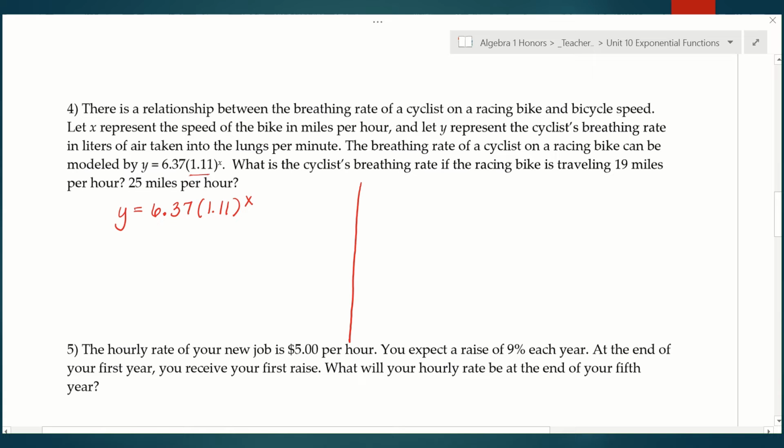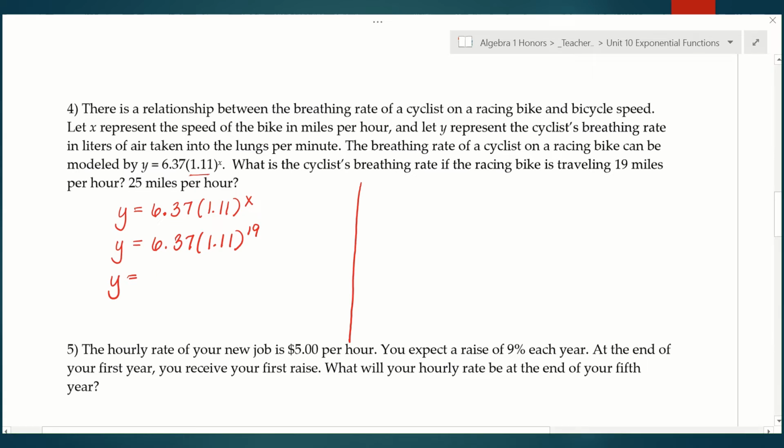And so they're saying, okay, what is the cyclist's breathing rate, which again is Y, if they're traveling 19 miles per hour? Okay, so the speed is our X. So I'm going to be plugging in 19 into this equation for X. All right, so let's type this in. We have 6.37 times 1.11 to the 19th power.